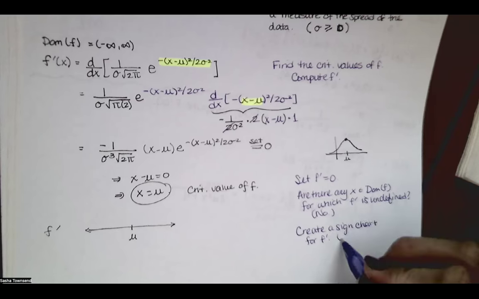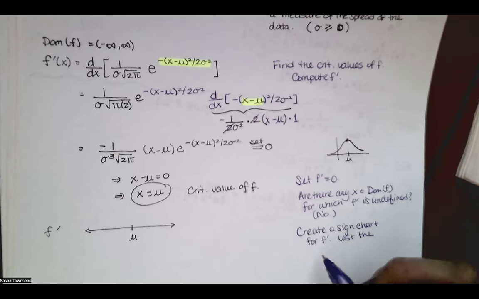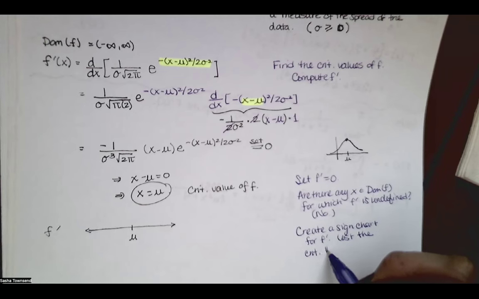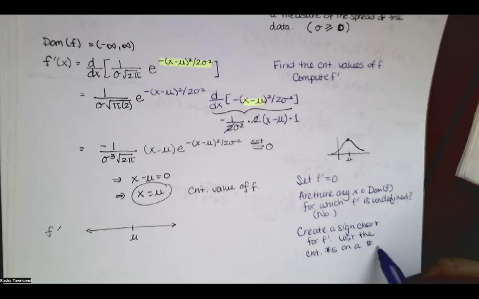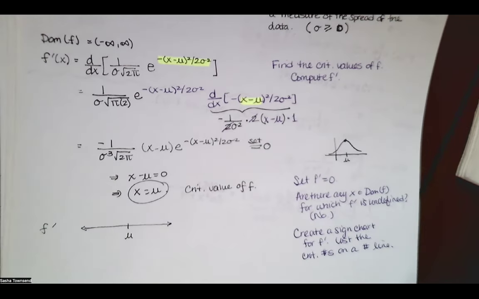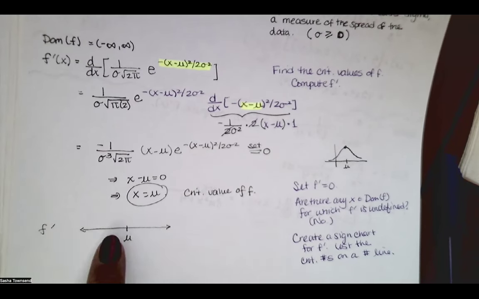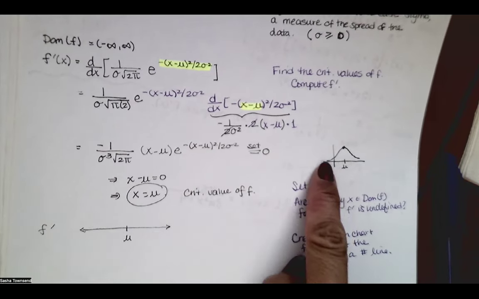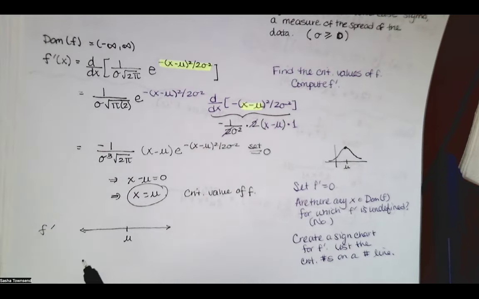And then we list the critical numbers on a number line, and we just have the one. And then we think about the sign of f prime on each of these intervals. Again, I'm imagining it's positive here and then negative here, but let's prove it.